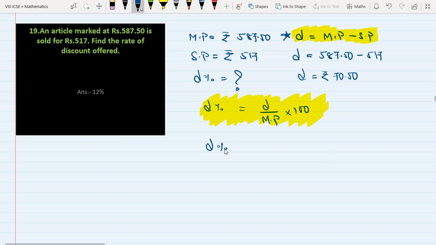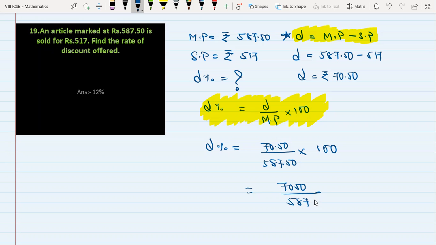So discount percent is equal to discount, which is 70.50, upon marked price, which is 587.50, multiplied by 100. So this will be 7050 upon 587.50.